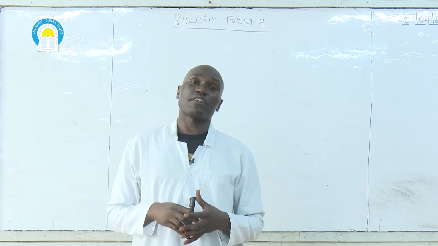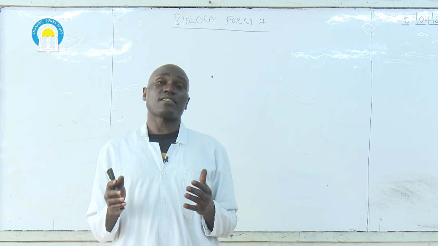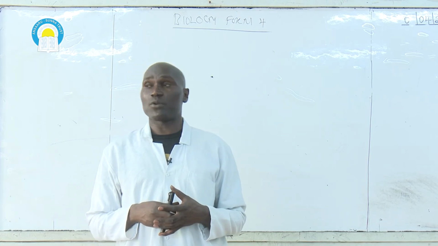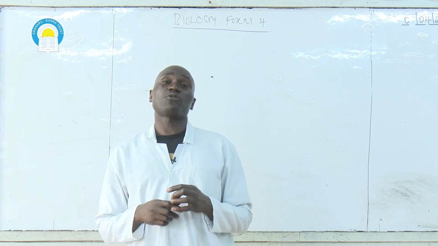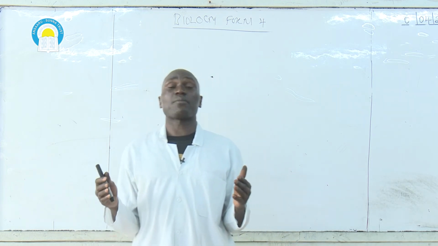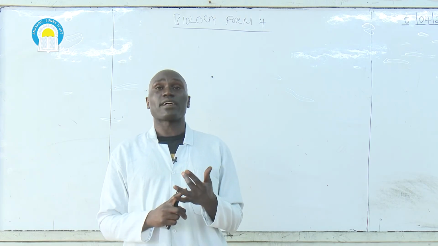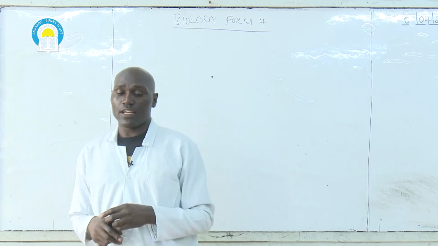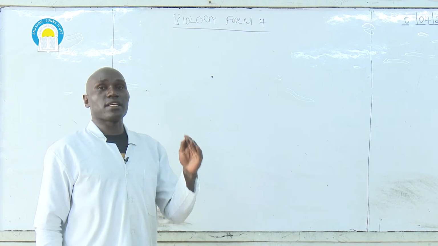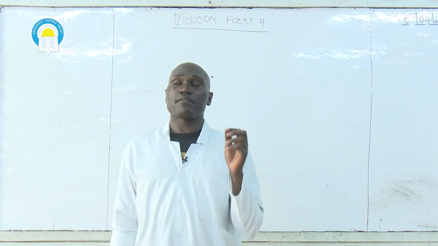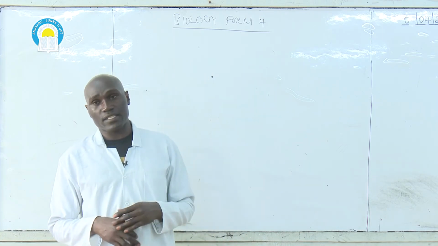At the introductory part of the topic, we mentioned that we do have two types of communication systems within the human body: nervous communication and endocrine communication, simply nervous system and endocrine system. We are done with nervous system, and you've seen that a neuron is the basic functional unit of nervous system. Now I want to look at endocrine system.